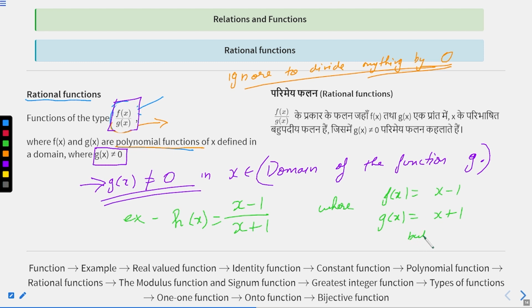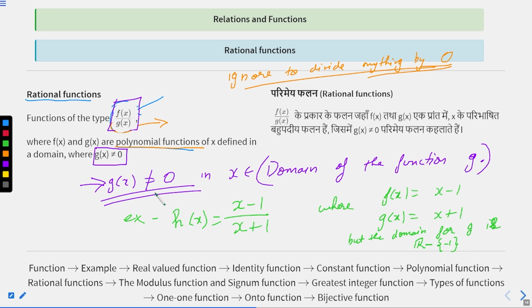But the domain for g is all real numbers except minus 1.